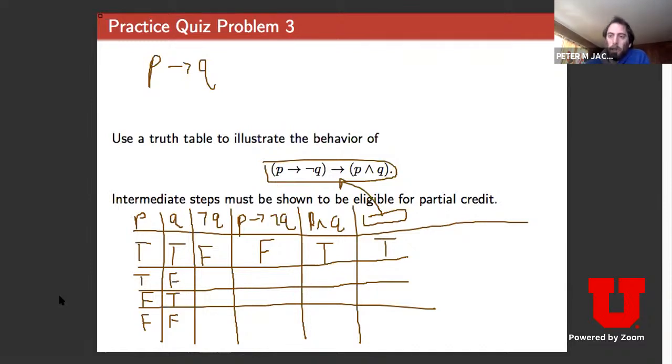So are there any questions about that first row in the table? Or about anything in the chat? If anyone has any additional questions. Yeah, it is a little bit unintuitive. The one thing that I think is unintuitive is that when P is false, when the hypothesis is false, the implication is true. And the idea is that it's a conditional statement that something must happen if the hypothesis is true.